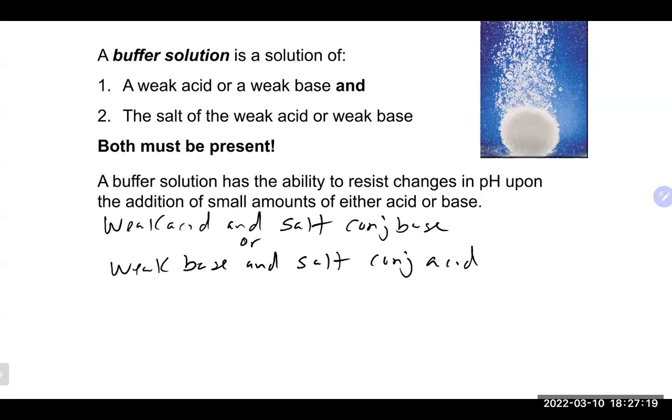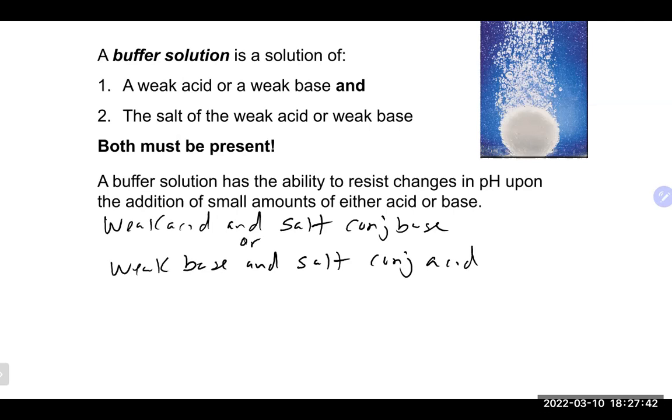It's got a spectator ion that's really not doing much in terms of the pH of the solution, but it's there to balance out the charge. We also know that those two things should be related to each other by a difference of, besides the spectator ion, just one H plus, right? Our basic Bronsted-Lowry definition of an acid and conjugate base pair should only be a difference of one H plus.